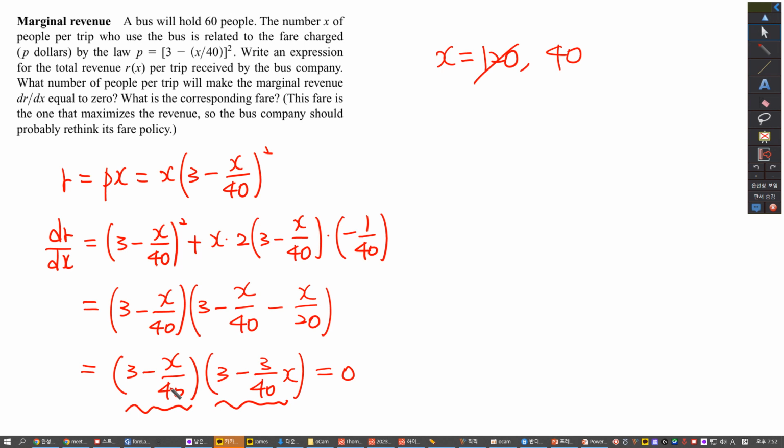that means at that point the maximum revenue occurs, in this case. And for the fare of 40 people, each person will pay... What's the value of p when x is 40?